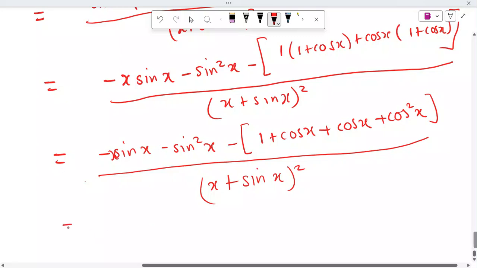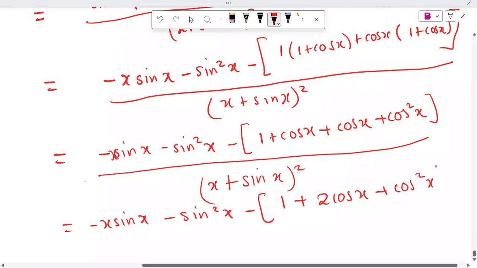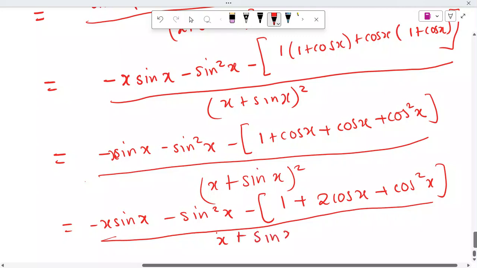So let's see, negative x sine x minus sine squared x minus, in the bracket, 1 plus 2 cos x plus cos squared x, over x plus sine x to the power 2.